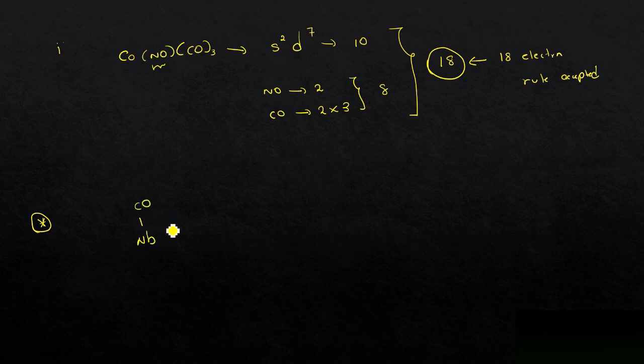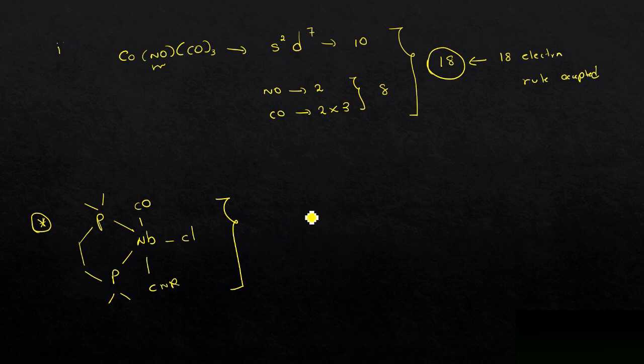Let's say carbon monoxide, chlorine, CNR. You have to calculate the number of electrons in this case. Pause the video and try it out yourself.